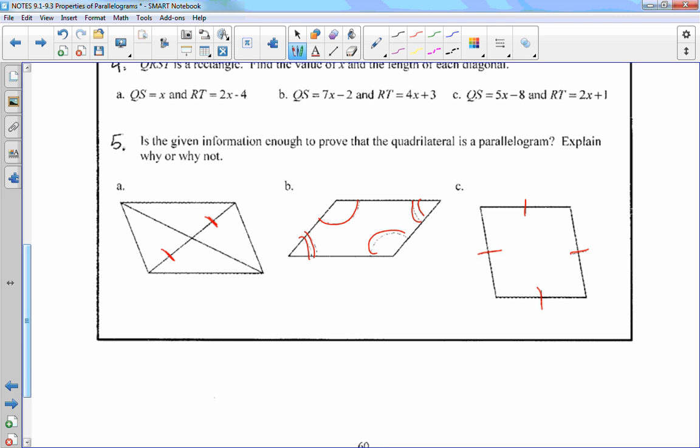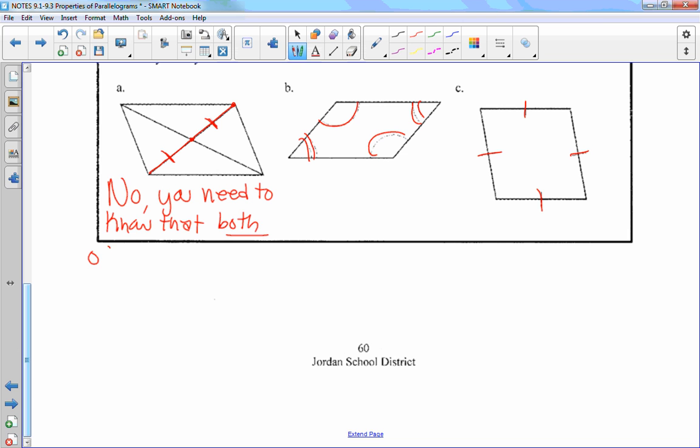The only marking I see is one segment being bisected. Is that enough to know the figure is a parallelogram? No. You need to know that both of the diagonals are bisected.